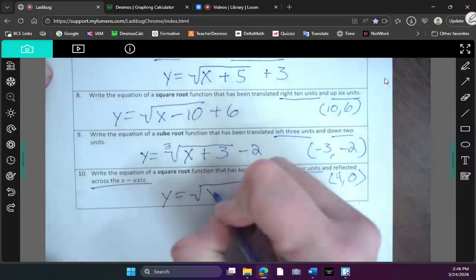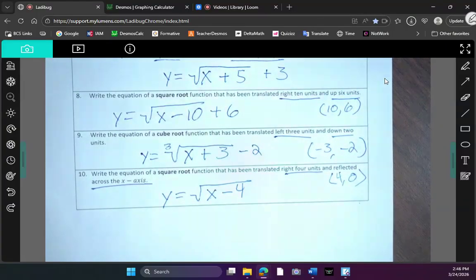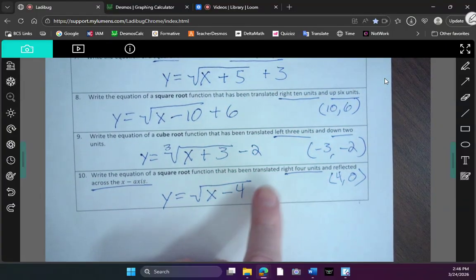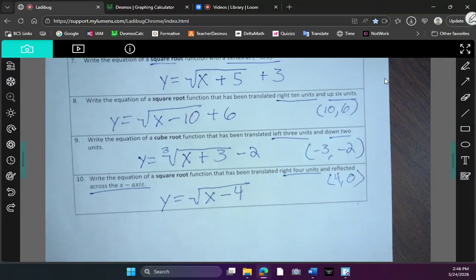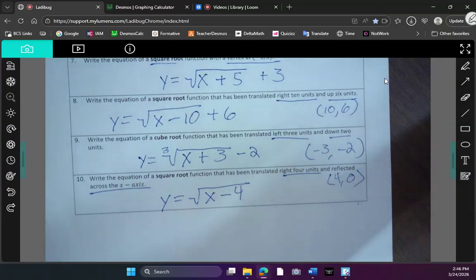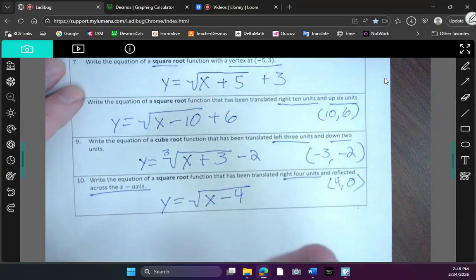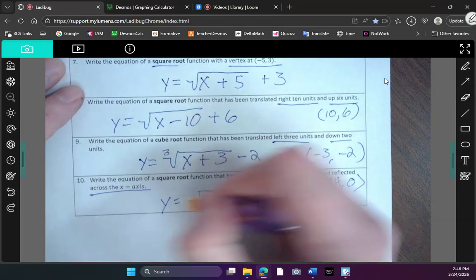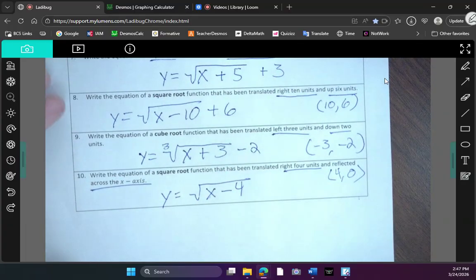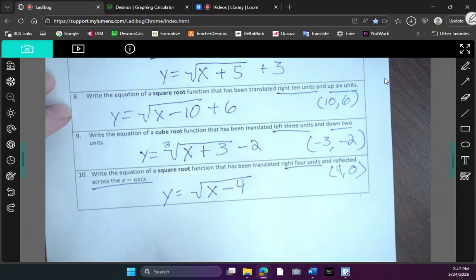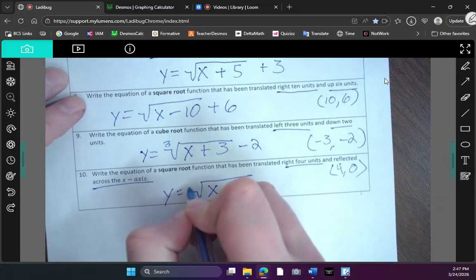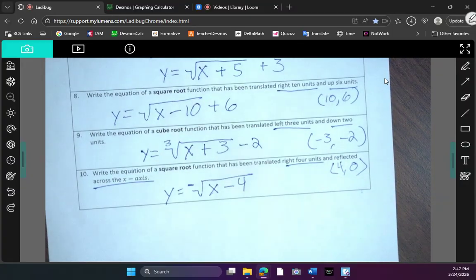So we've got x, the opposite of 4 is -4. There's not going to be anything added or subtracted there on the end because it didn't move up or down. It is reflected over the x-axis, and remember, that's just going to be a negative out front.